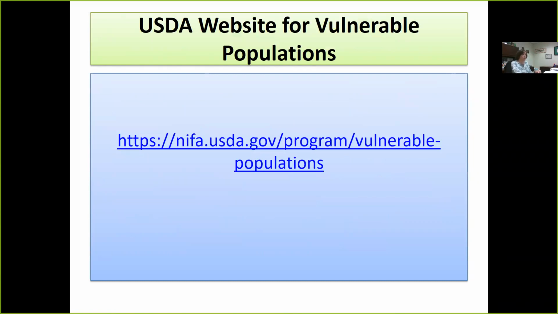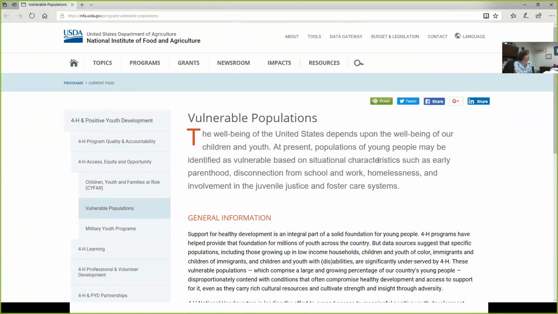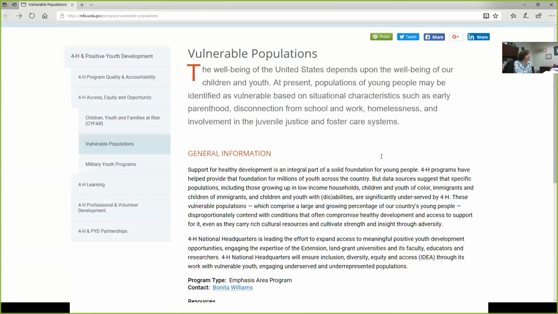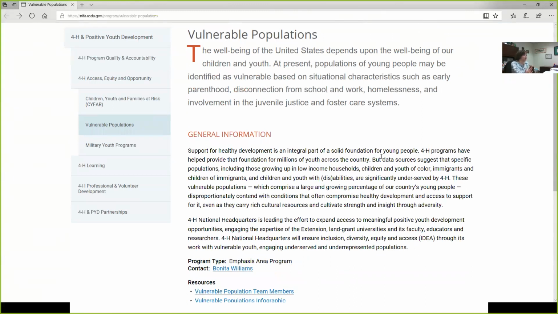There is a really good website for vulnerable populations, and I think it's very much worth going to look at. This is the USDA website, and I think it's got great information.